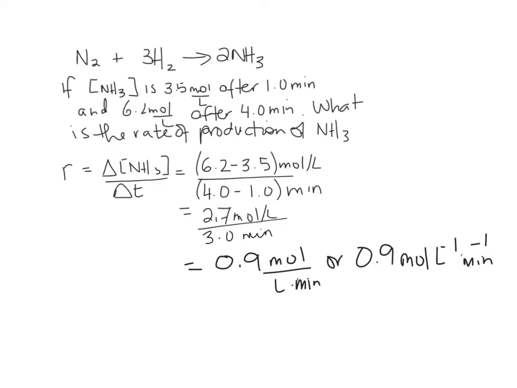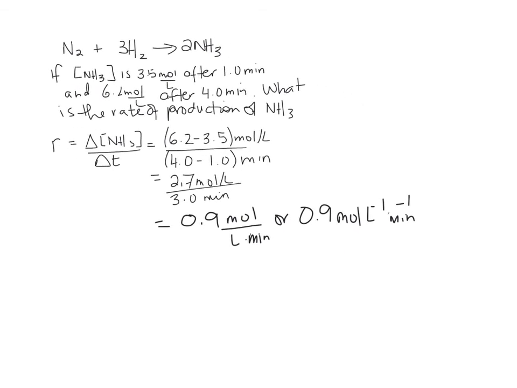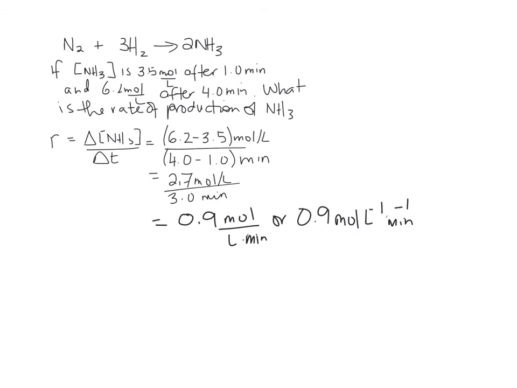You okay with that? All right, now that you know how quickly this was formed, how do you think we would figure out how quickly something was used up in this equation? Isn't it 2 moles of ammonia? Once you have information about one substance, you can figure out the rate of change of everything else using mole ratios.